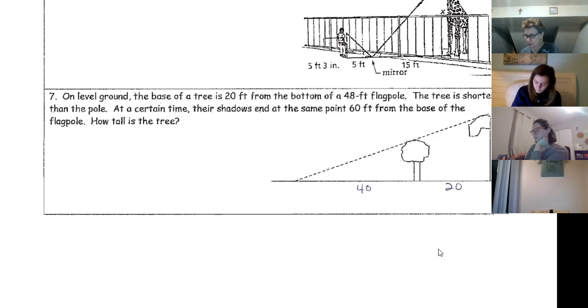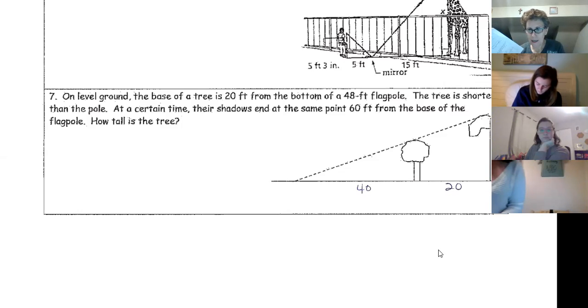Okay, so I think that's the way I want to set that one up. So that wording is tough because you've got to put things in the right spot. Does everybody have a little bit of a picture of this?